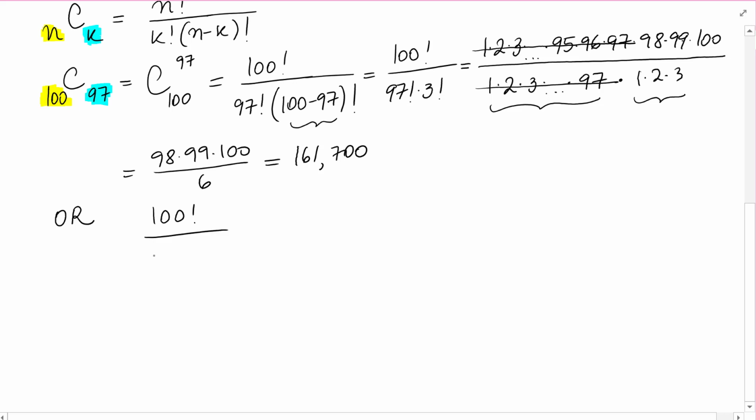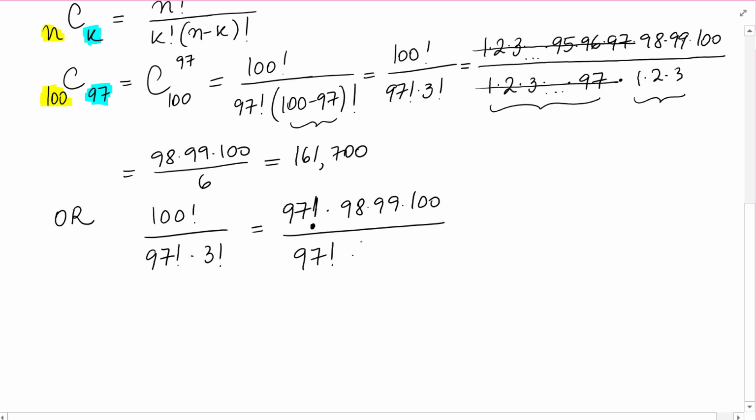Another way we could have solved this problem: 100 factorial over 97 factorial times 3 factorial. From this step on, instead of 100 factorial, we can write it in terms of the smaller number: 97 factorial times 98, 99, 100 over 97 factorial times 1 times 2 times 3, which is 6. These cancel and we end up with the same thing, 161,700.